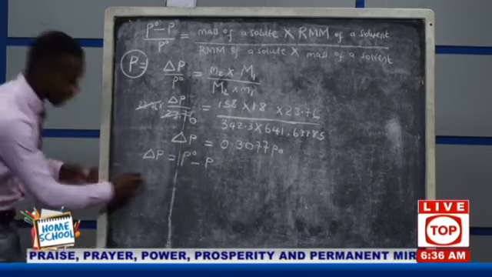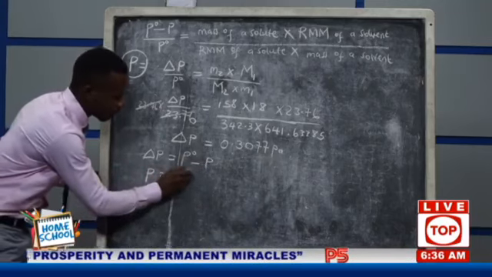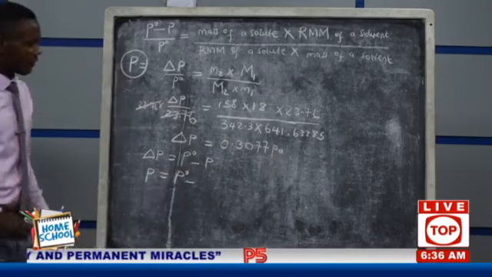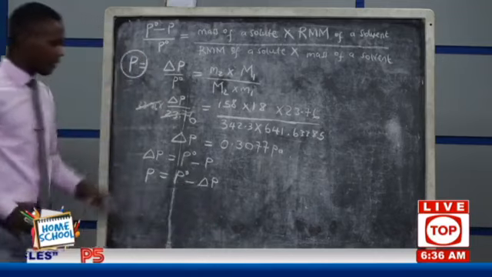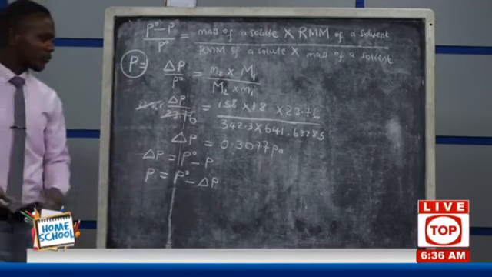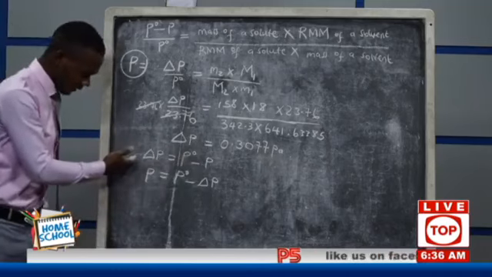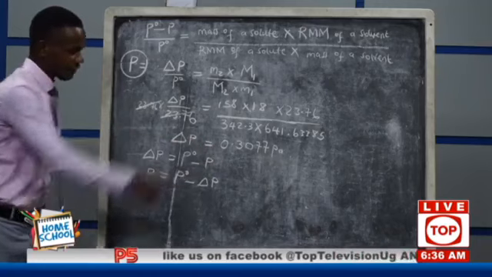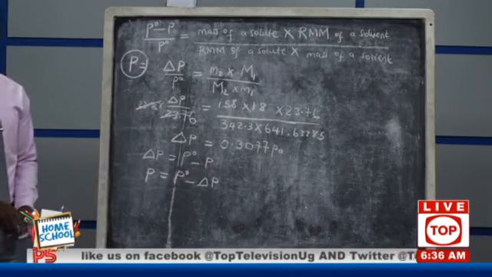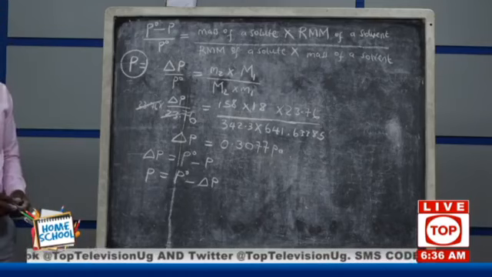P will be equal to vapor pressure of the pure solvent minus change in pressure. Here you play around, you are not going to follow that simple mathematics, but make sure that this one comes to this side as a positive sign, so this one goes that side as negative. Okay? Simple mathematics.